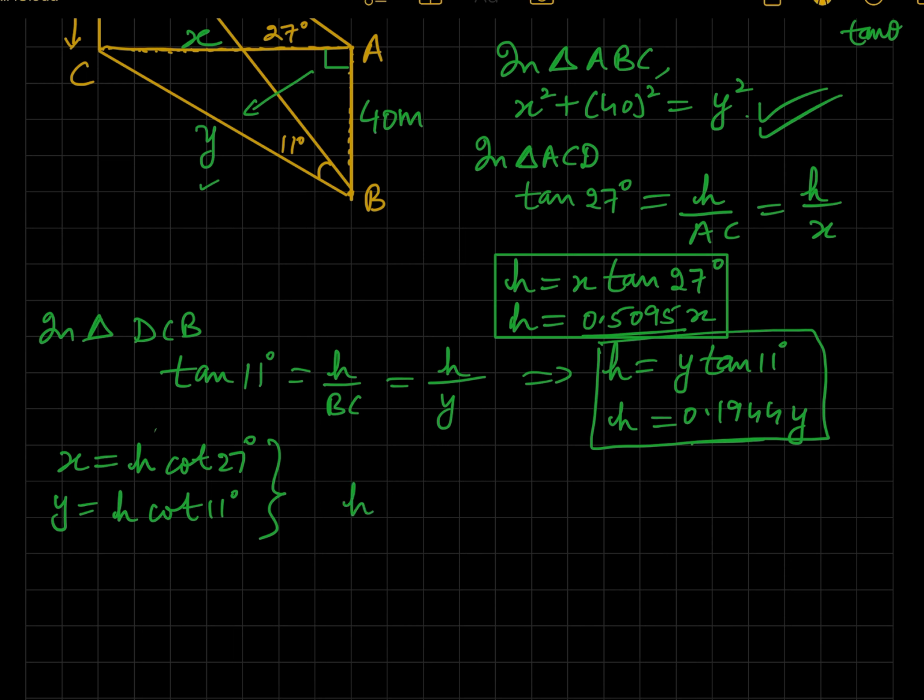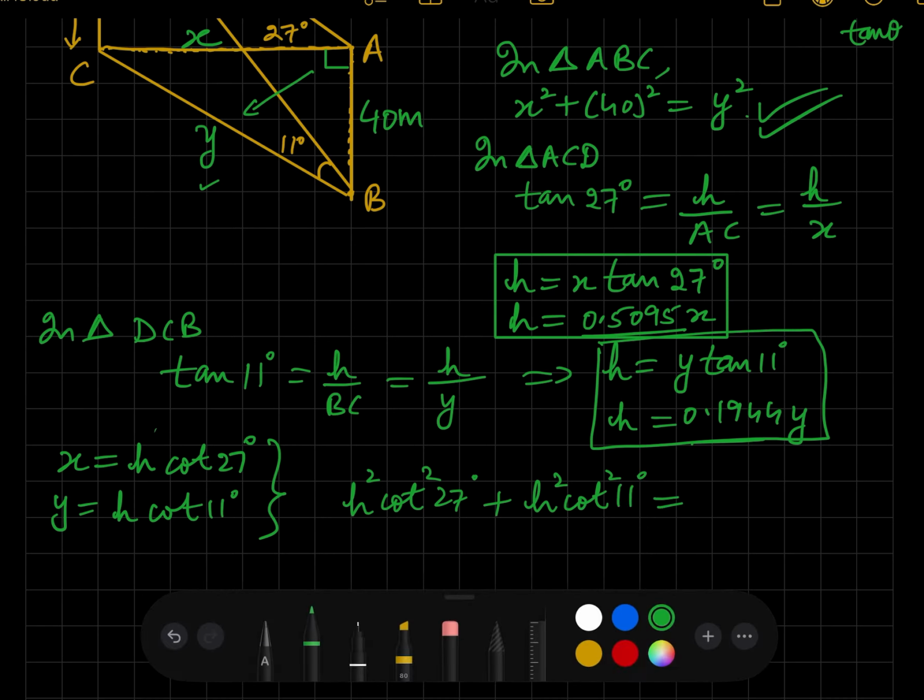Let us use it here. x square, which is H square cot square 27 degrees, plus, oh no, 40 square we were supposed to write here, sorry.